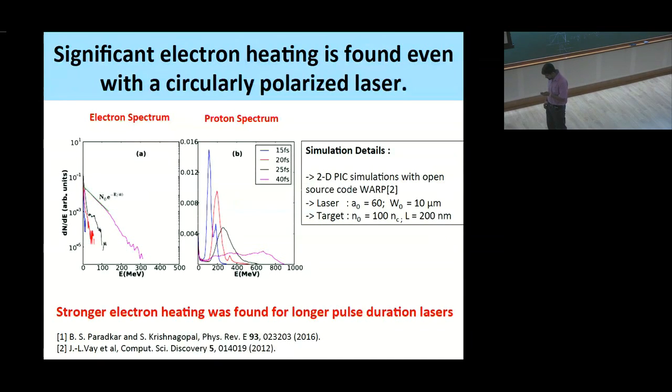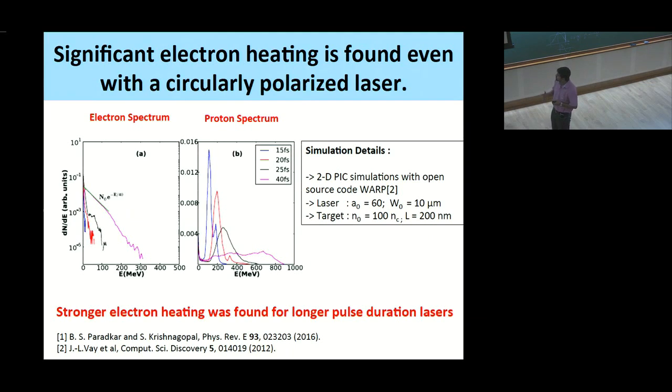This is the electron spectrum and this is the proton spectrum. As the pulse duration is increased from 15 femtoseconds to 40 femtoseconds, the electrons are getting hotter and hotter. Correspondingly, the ion spectrum, which is fairly narrow in the case of 15 femtoseconds, becomes broader and broader, although the maximum energy is increasing. So the cutoff energy is increasing, but the beam quality becomes poorer as I increase the pulse duration.